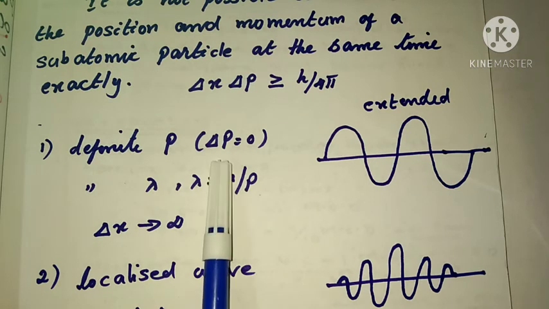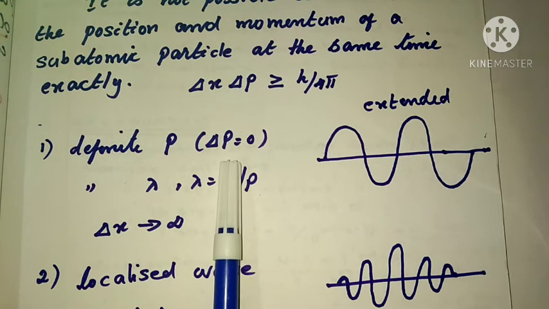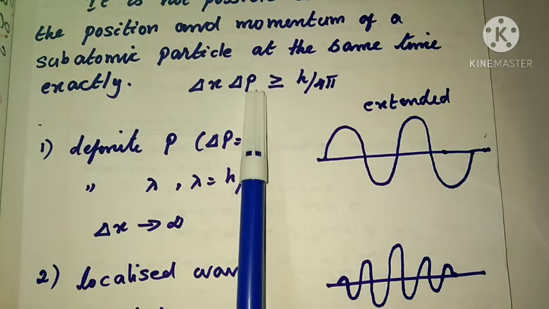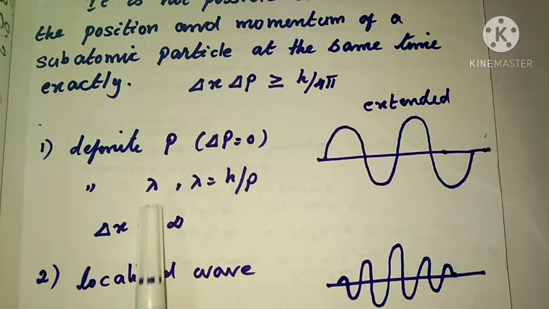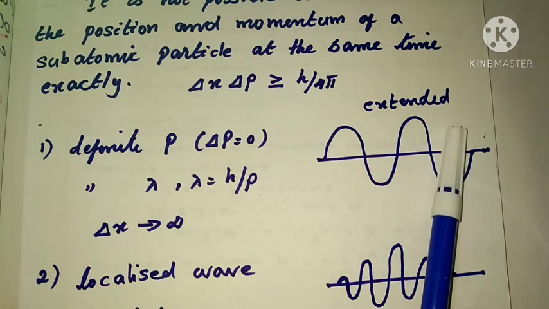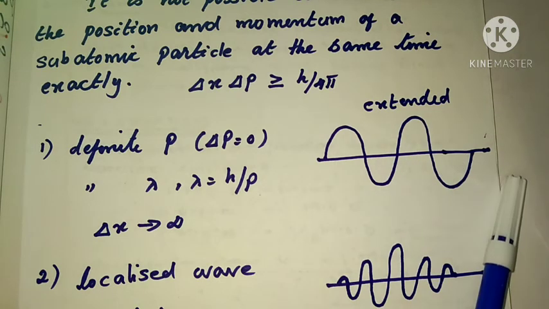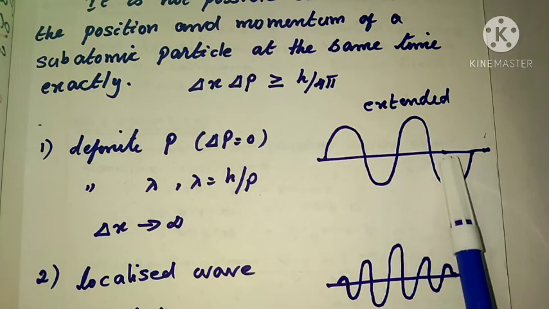Clear? That is, it has a definite momentum, so the change in momentum delta p equals 0. If it has a definite momentum, it has a definite wavelength. So it extends all over space, that is an extended wave, which means that the electron is not localized in any finite region.